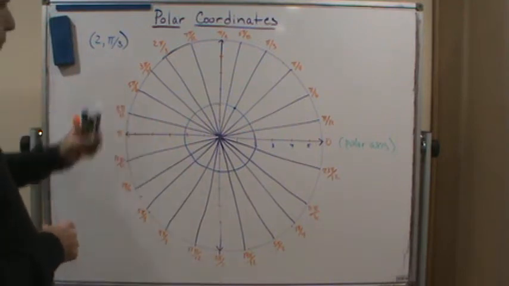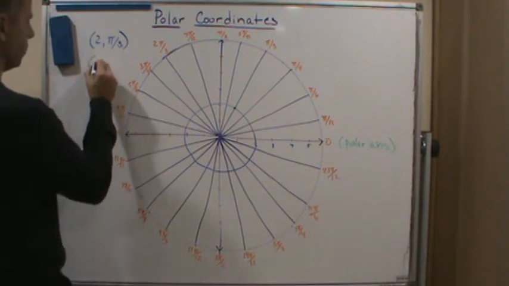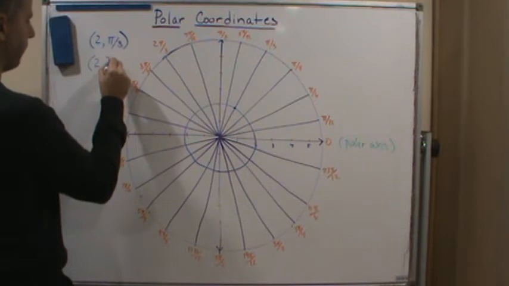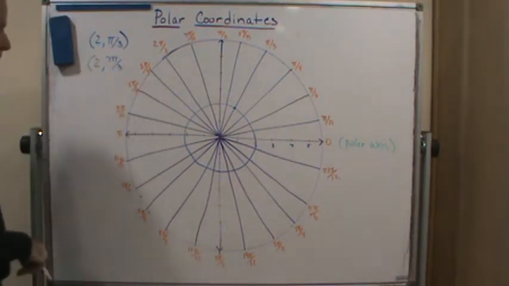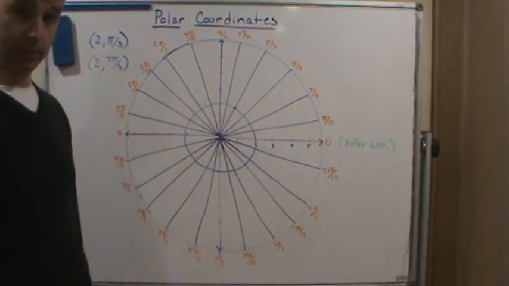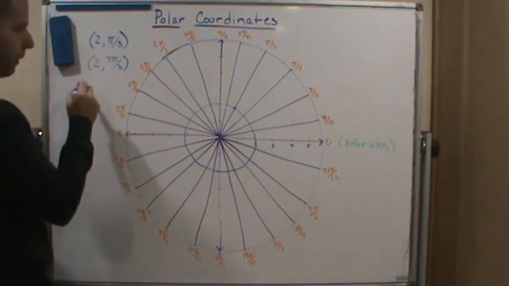That would represent this point. But also realize that if I said, let's do 2 and 7 pi over 3, that represents the exact same point.